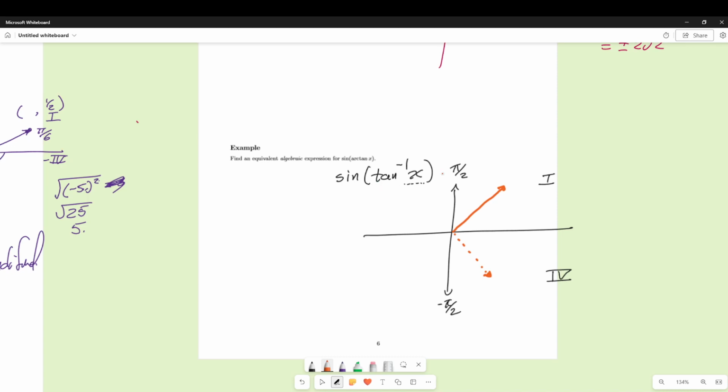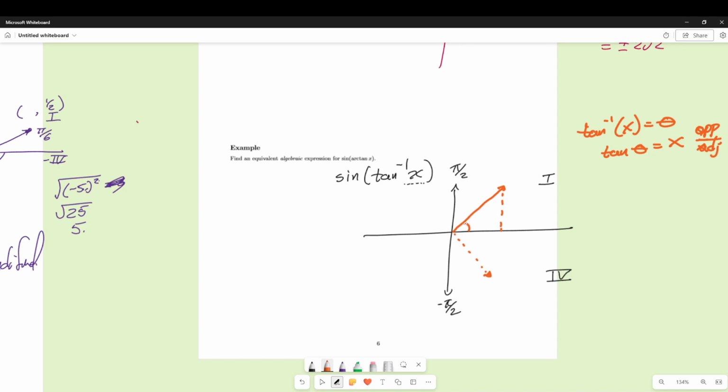Now, the ratio of tangent is just the value x. Well, the tan inverse of x equaling some angle means the tangent of that angle has to be x. So that x is a y over x, or better yet, an opposite over adjacent, just because I don't want two different kinds of x's there.